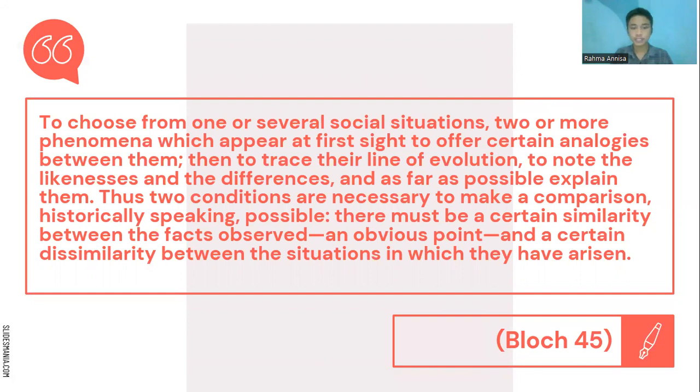Thus, two conditions are necessary to make a comparison, historically speaking: there must be a certain similarity between the facts observed, an obvious point, and a certain dissimilarity between the situations in which they have arisen.